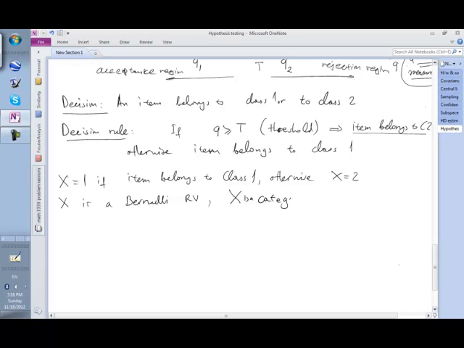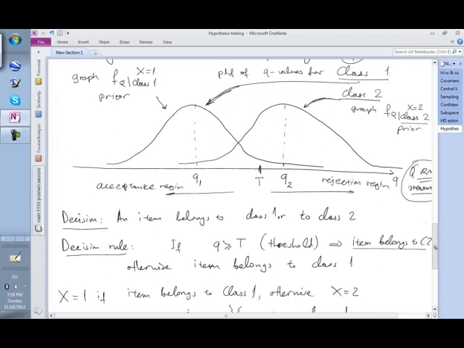It's a categorical random variable because the values of X indicate classification, indicate class assignment. That's why we call it a categorical random variable.